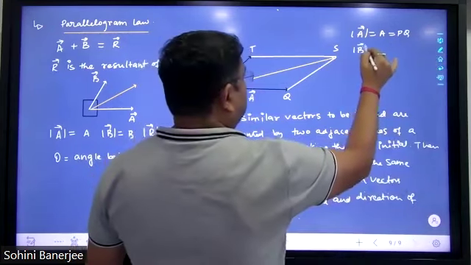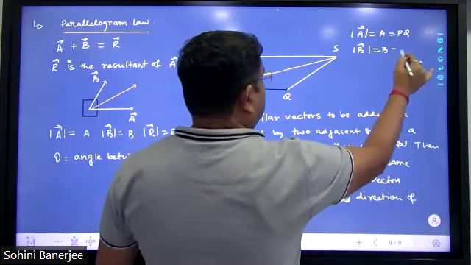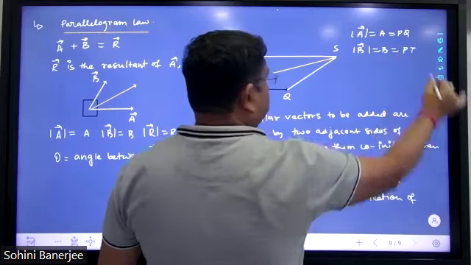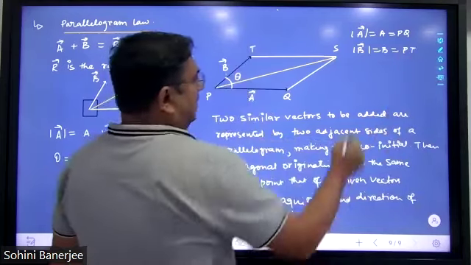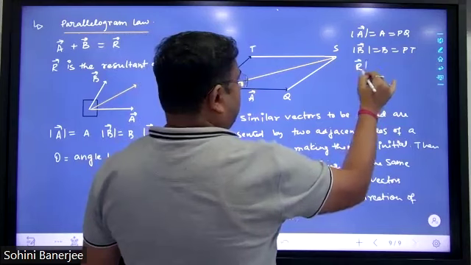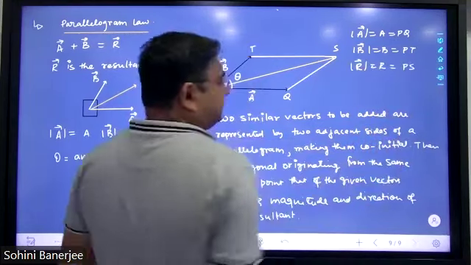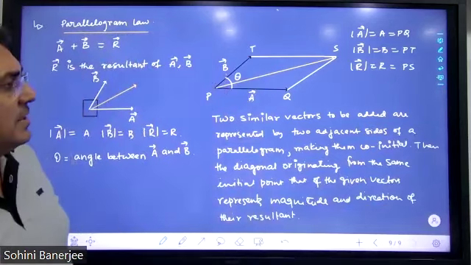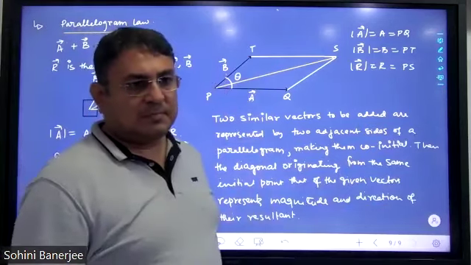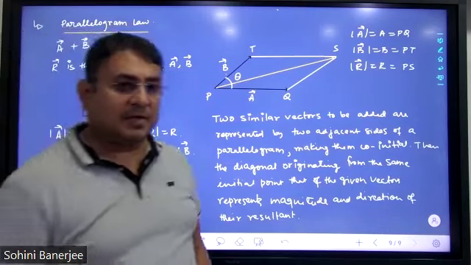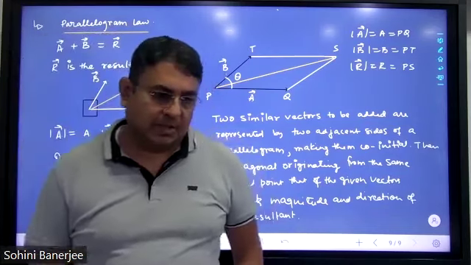Modulus of B is B in the diagram, that is PT. And the magnitude of the resultant is R in the diagram, that is PS. My job is to measure the length PS. Then only I can get the resultant by magnitude.